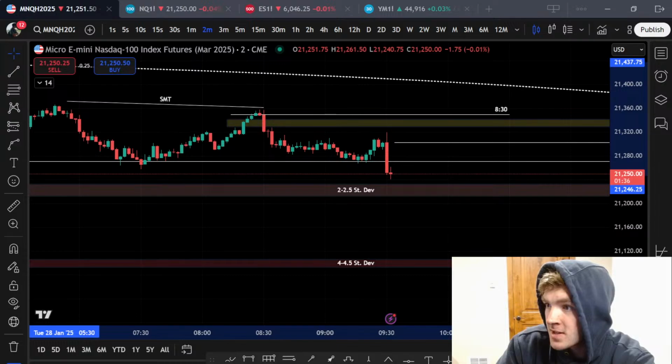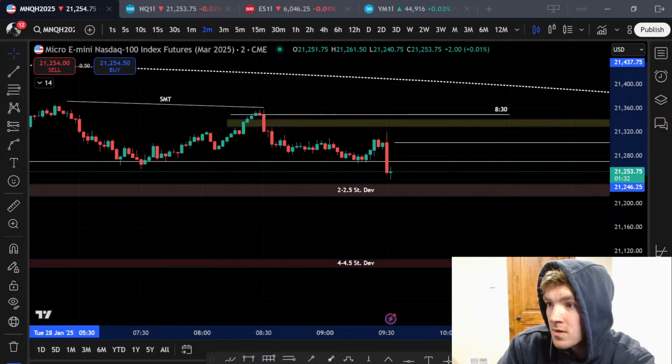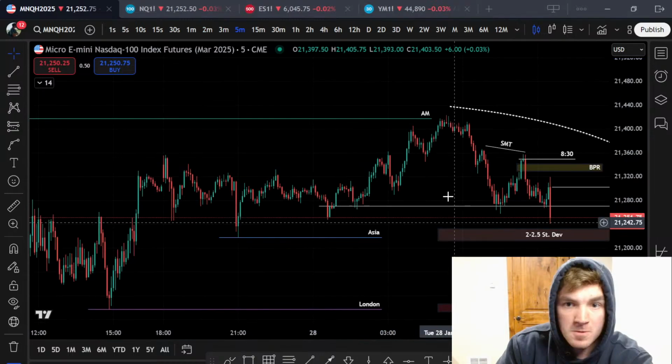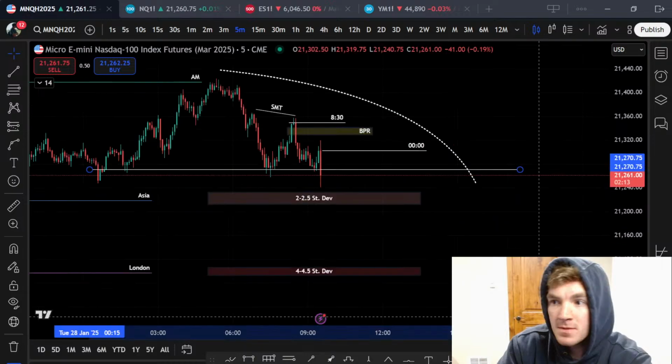I kind of forgot where we were on there. Yeah, we already went to the session manipulation level. Sorry if this is getting a little chaotic here. I could probably clean this up a little bit.